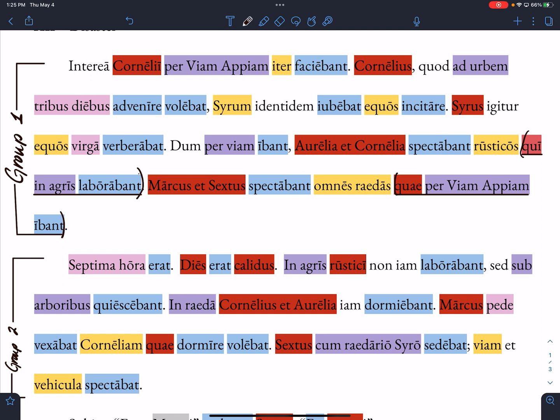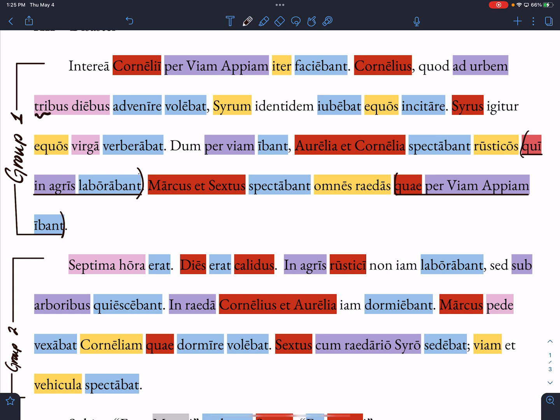We're traveling along the Appian Way. Good. Next. While traveling, Cornelius, because he was wishing to arrive at the city in 3 days, was ordering Cyrus repeatedly to spur on the horses. Good. I'm going to pause you right there.